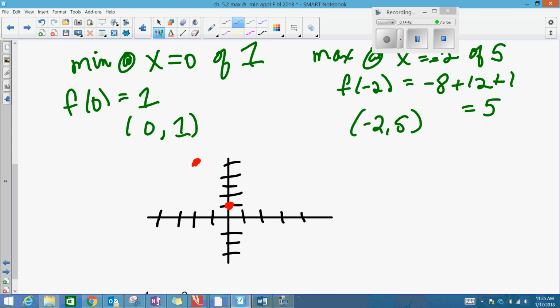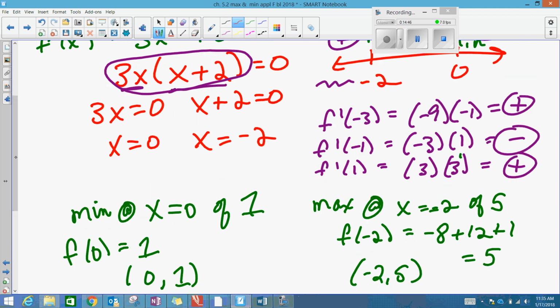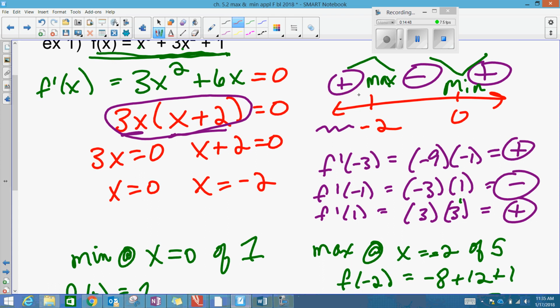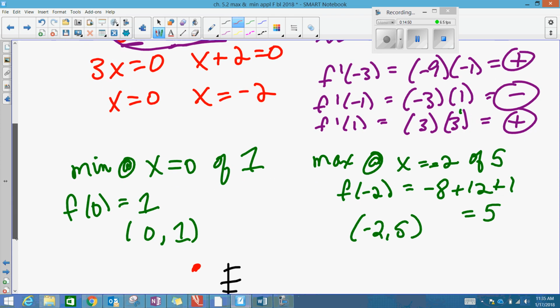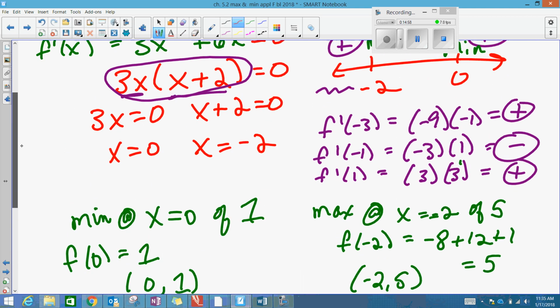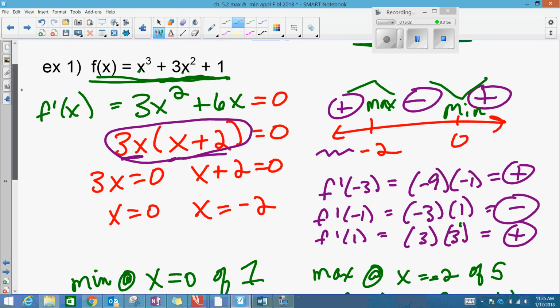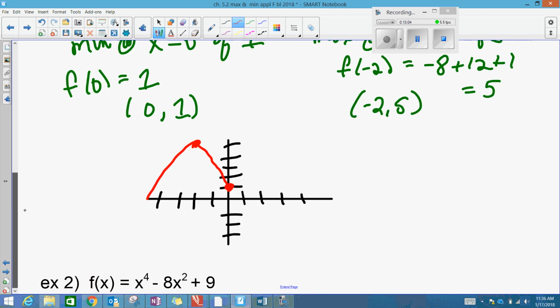And we know that as it's approaching -2, 5, it's increasing, and then it's decreasing. So it's increasing as it gets to -2, and then it's decreasing until it gets to 0. And it's decreasing as it gets to 0, and then it's increasing.